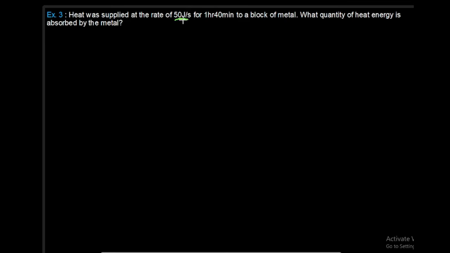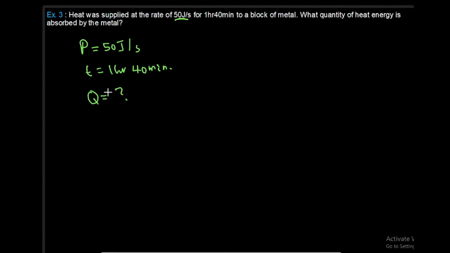So power equals 50 joules per second, for 1 hour 40 minutes. This is time. They said what quantity of heat energy is absorbed by the block. We are looking for the quantity of heat energy.